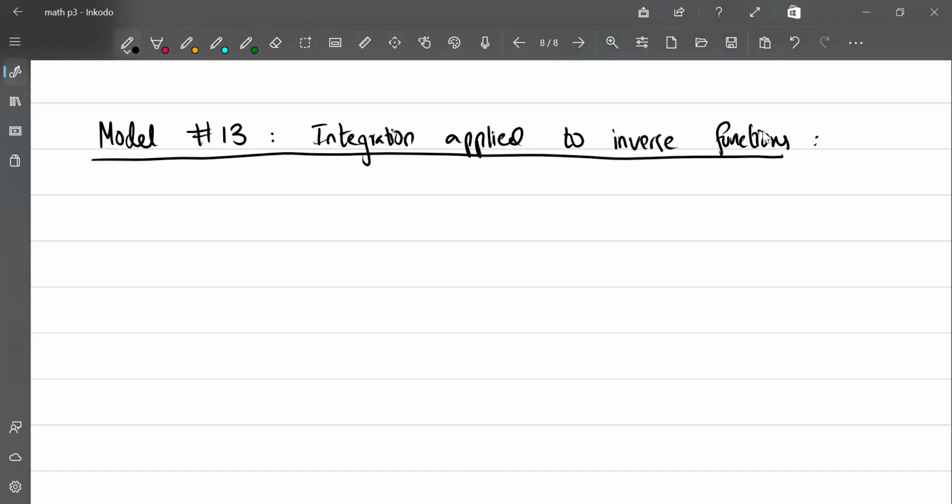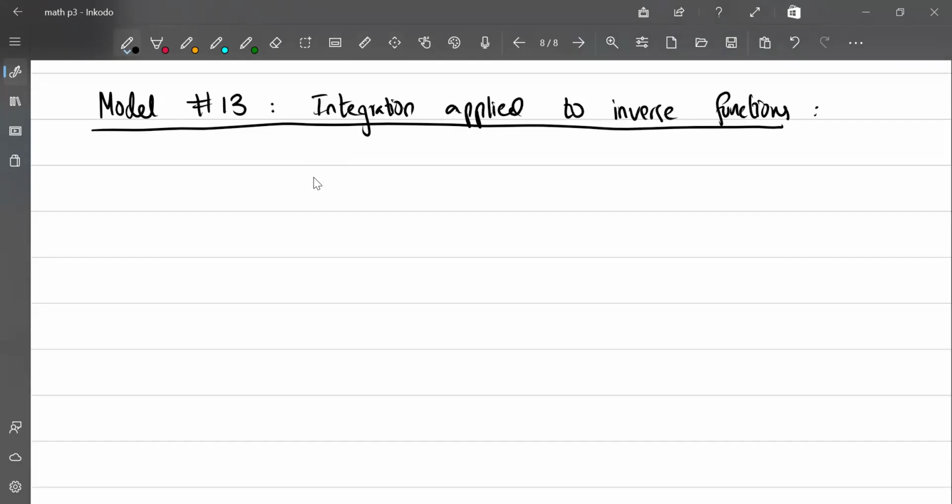All right, so let's start it. The inverse function we are talking about here is inverse of tan, inverse of tan inverse x. This is the function for which we learned differentiation as well, and this is the same inverse function that we will learn to integrate as well.